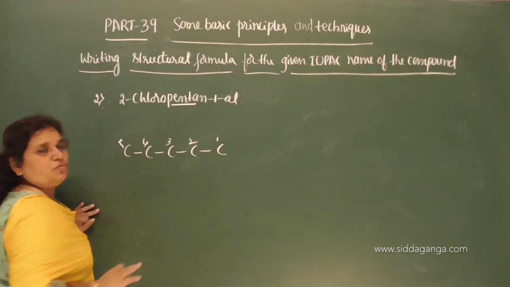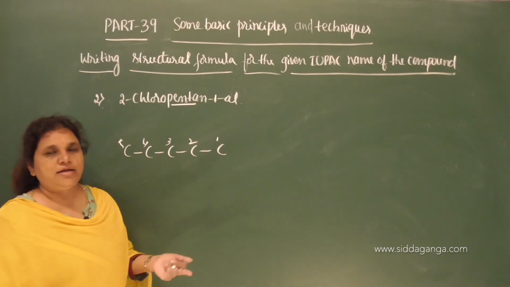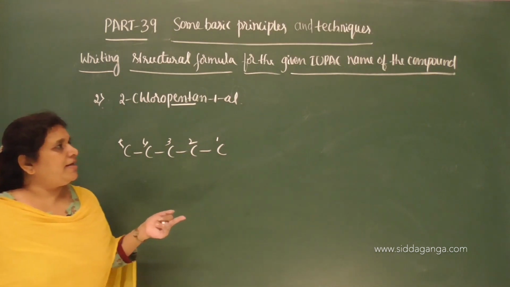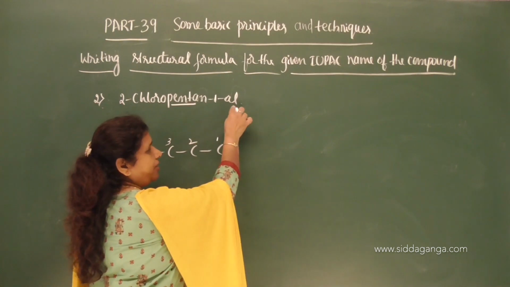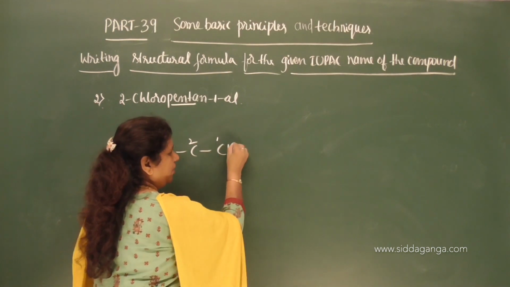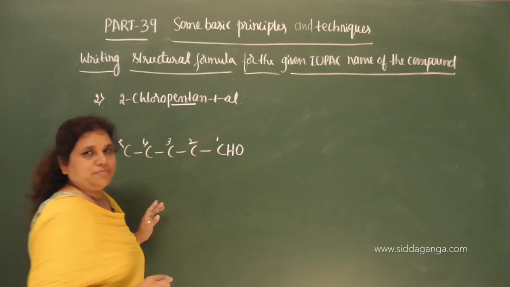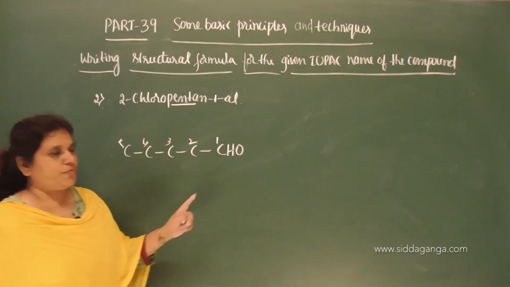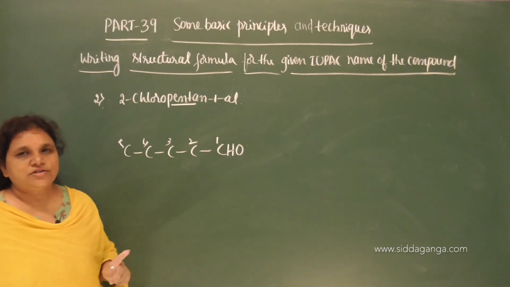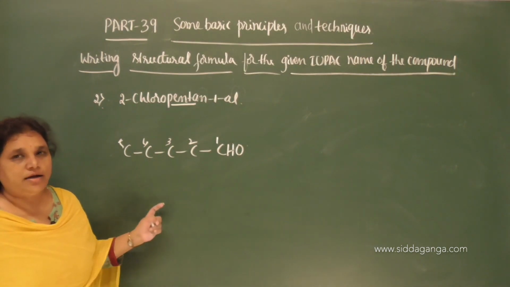The secondary suffix is 1-al. Al is the secondary suffix for the aldehyde functional group. Therefore, on the first carbon we have the aldehyde functional group. Convert the first carbon atom itself into the functional group CHO. CHO is the functional group of al, that is aldehyde.